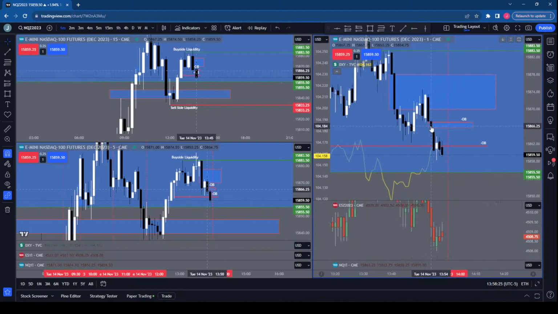Watching ES, this fair value gap that we just drew out on ES, it looks like ES kind of tapped into it a little more.